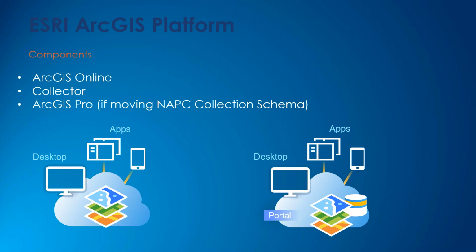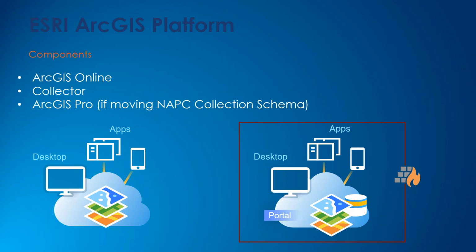I wanted to include two diagrams. The one on the left is ArcGIS Online. You can see we've got desktop, we've got apps that pull off of it, and again, it's all in the cloud. Our data is stored in the cloud. An alternative approach to this, and one that we see some other clients use, is the Esri ArcGIS Portal option. What is Portal? It looks exactly the same. However, you'll notice there's a relational database included in there.